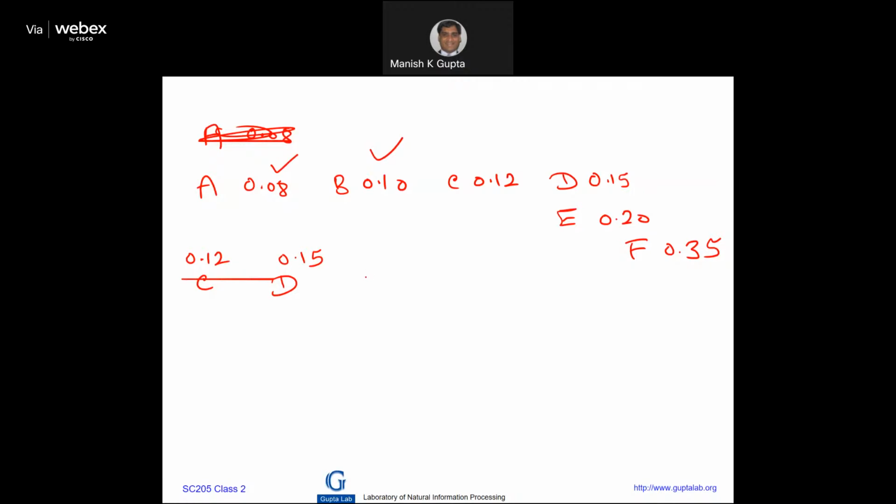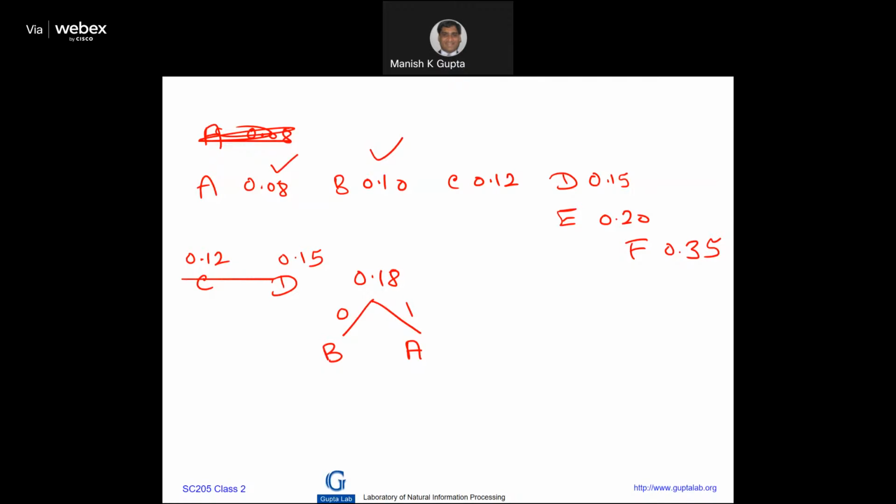And then I'm combining 0.08 and 0.1, so this is 0.18. I'm making B on the left and A on the right side. The right side is the lowest frequency, the left side is higher than that. And I'm assigning 0 here and 1 here.